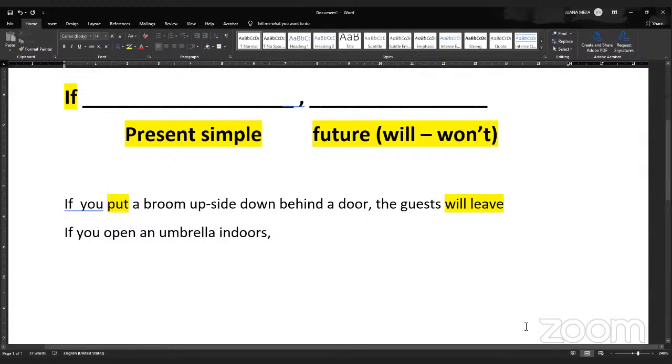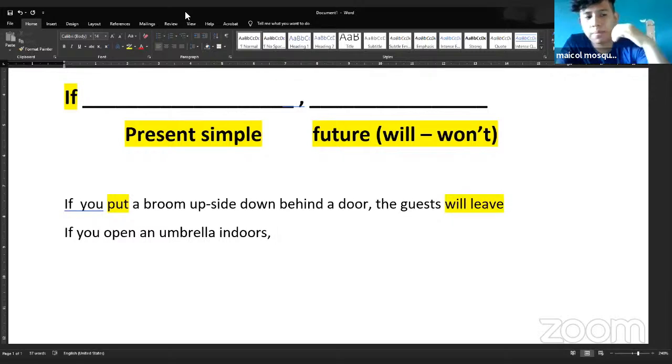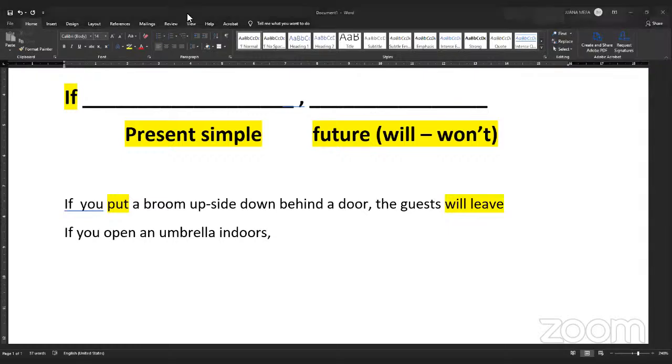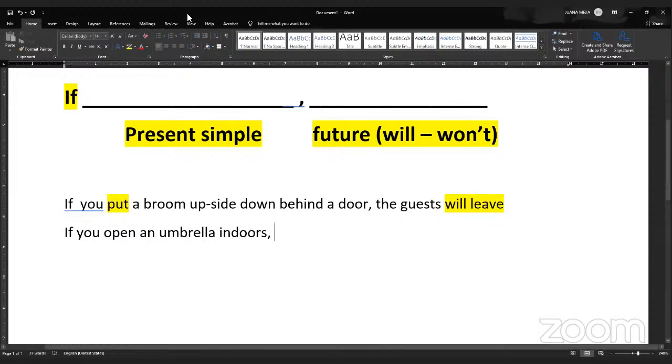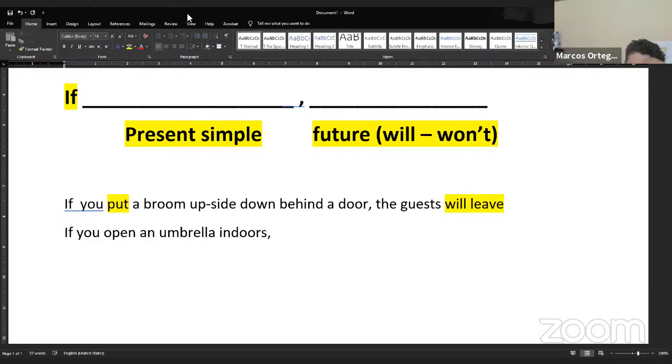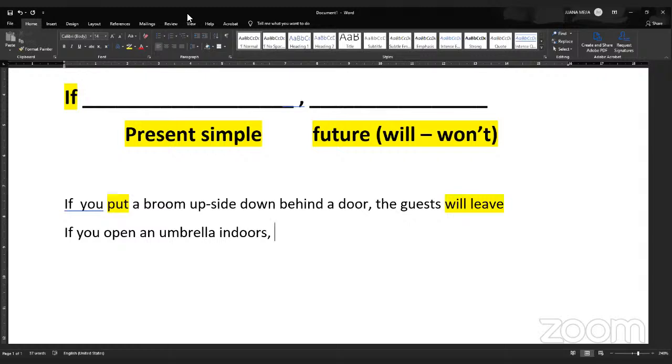If you open an umbrella indoors, okay, interested. Another idea about this superstition? Someone will die. Exactly. Well, the second one is actually the definition I learned from my parents, learned from my grandparents too.